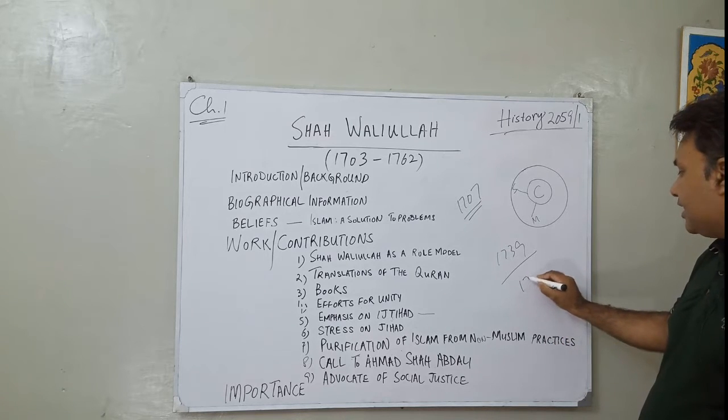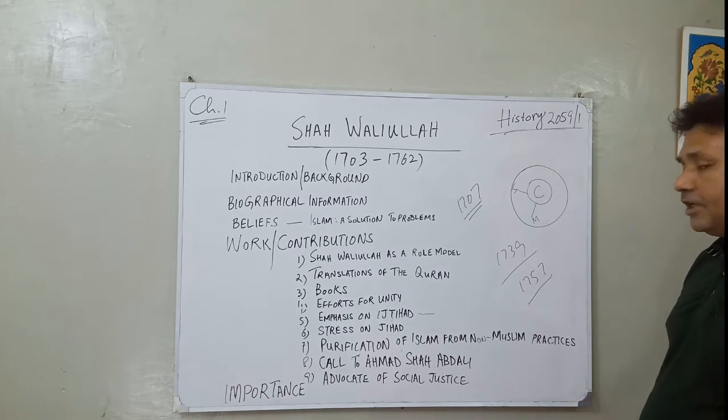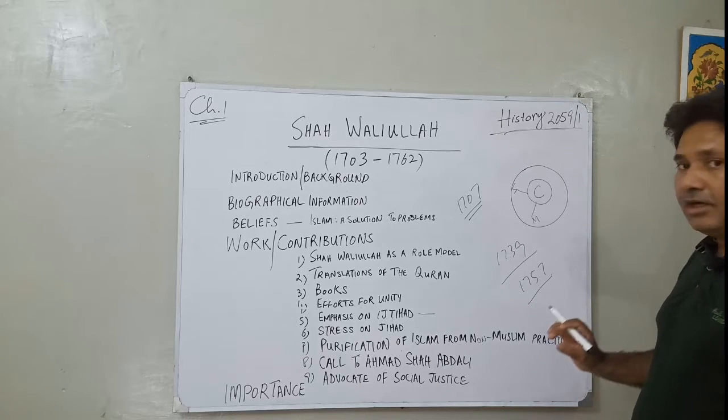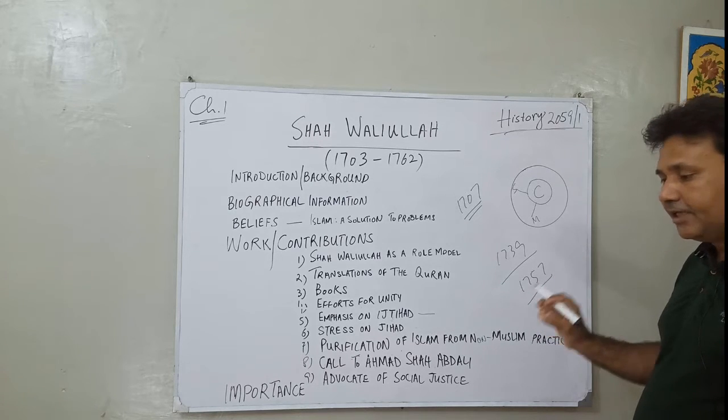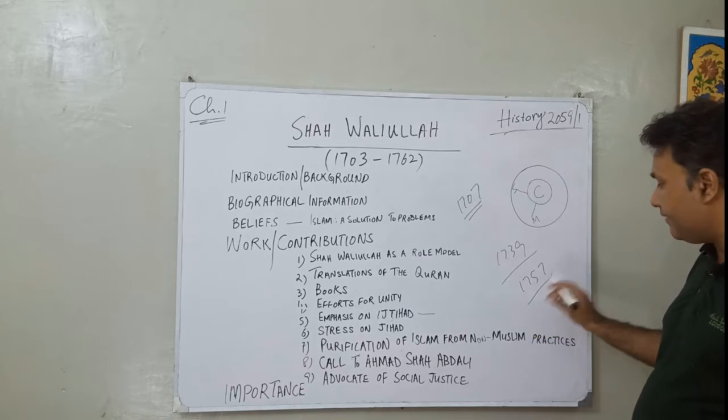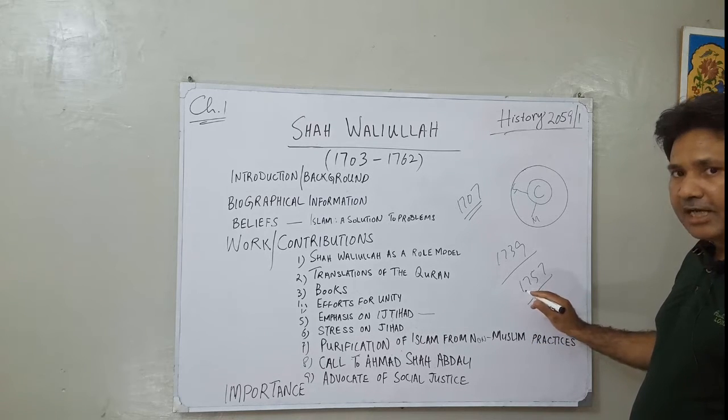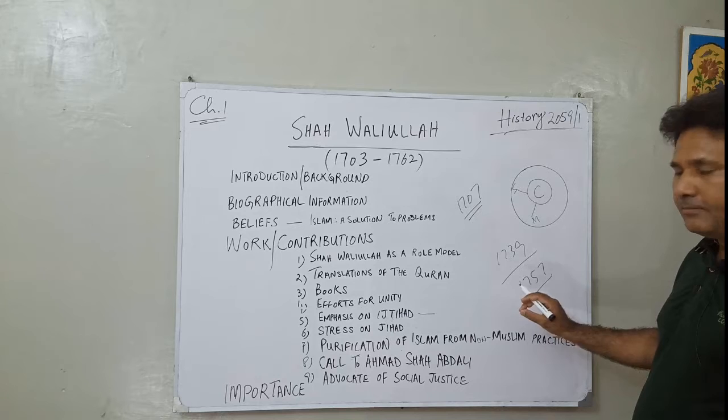In the year 1757, the English East India Company, under the command of Robert Clive, defeated the Nawab of Bengal, Siraj-ud-Dawla, and took control of Bengal.